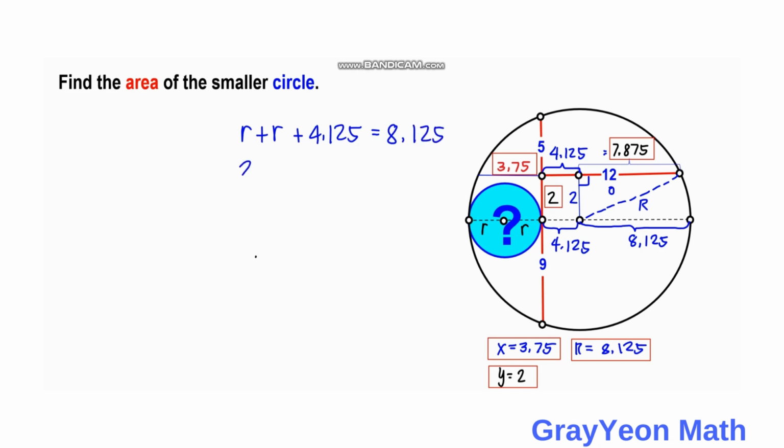Okay, so 2r is equal to 8.125 minus 4.125, which gives us 4. So 2r is equal to 4. And if we divide both sides by 2, this gives us the radius of the blue circle to be 2 units.